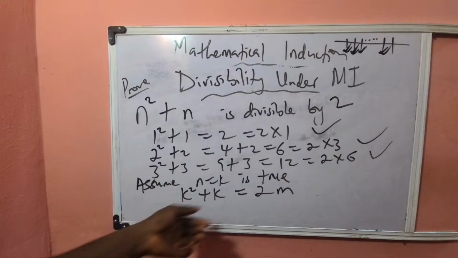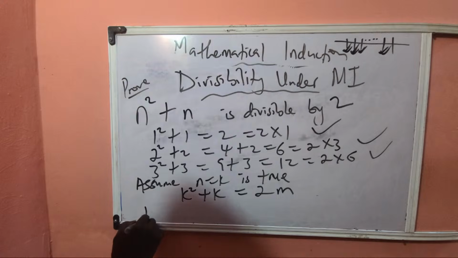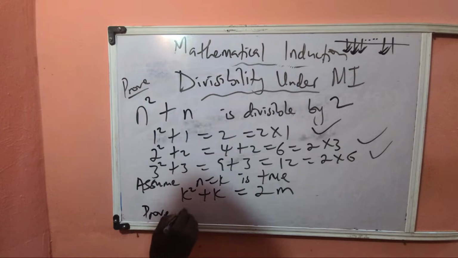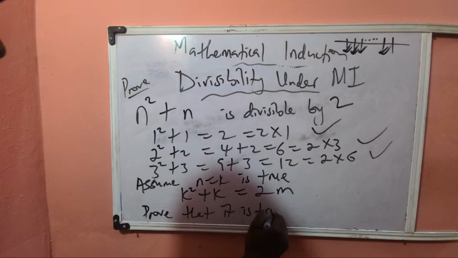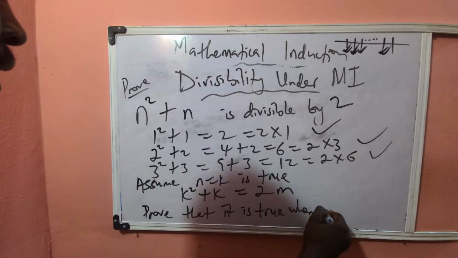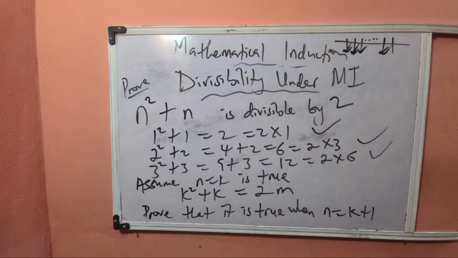So if it's true for k to be 2 times something, let's just assume that thing to be n. We then need to go on to prove our inductive step: prove that it is true when n equals k plus 1. So we need to prove that this is true.